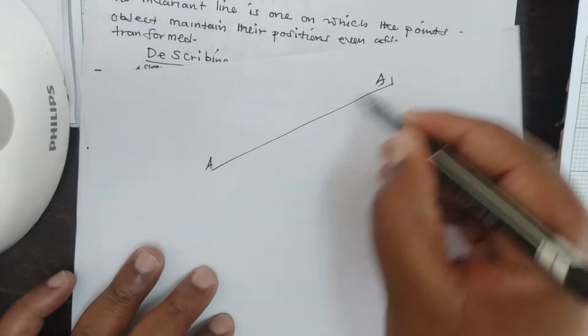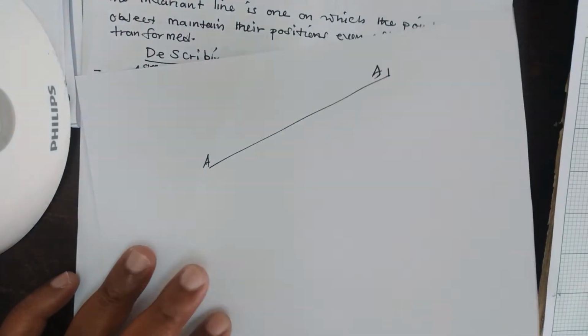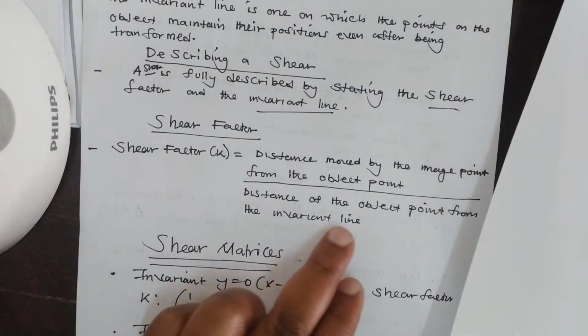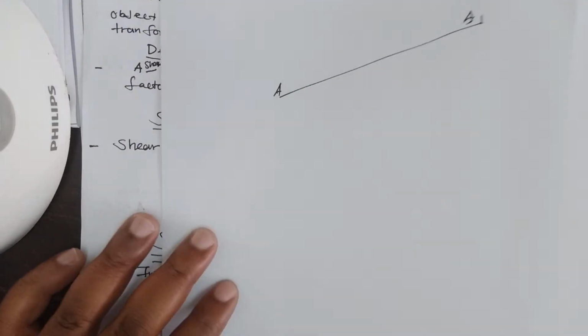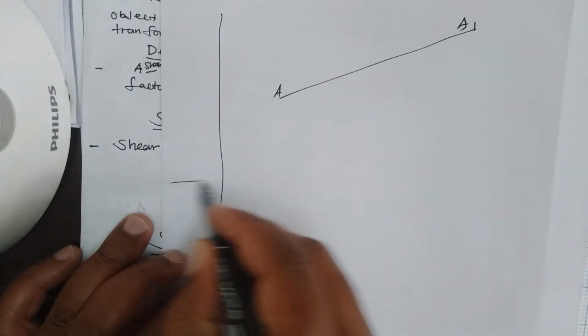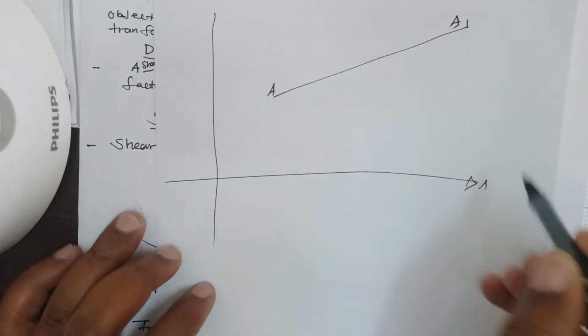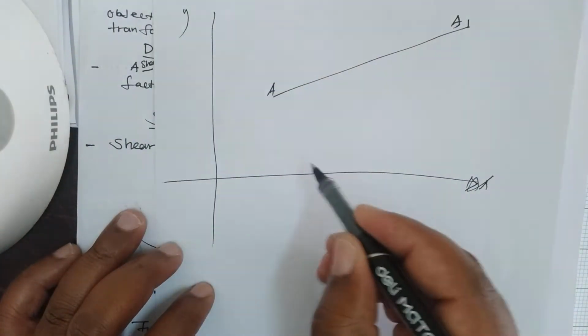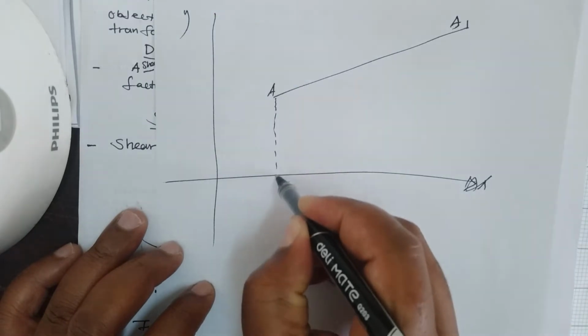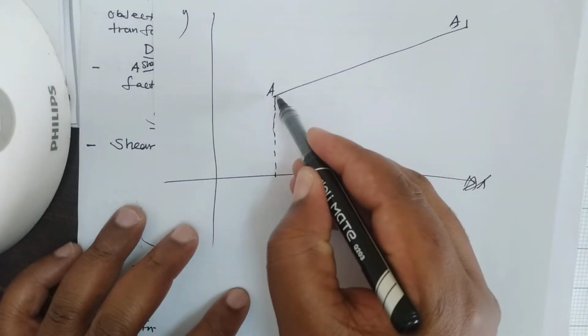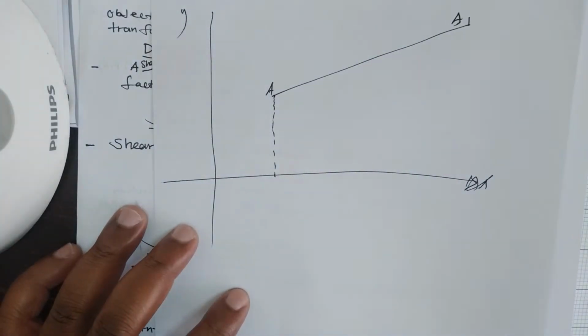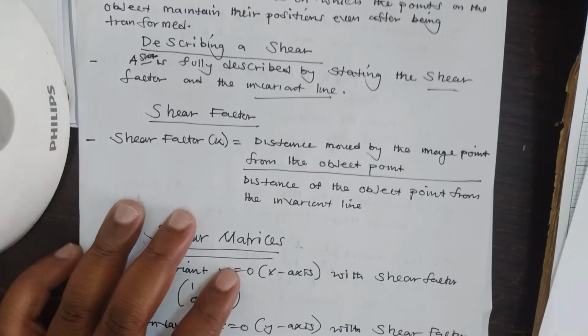You find this distance by counting. Then you also need to find the distance of the object point from the invariant line. Suppose our invariant line is the X-axis, then you must find the distance moved by this point from here to there, then the distance of this point to that point. That's what we are saying here.